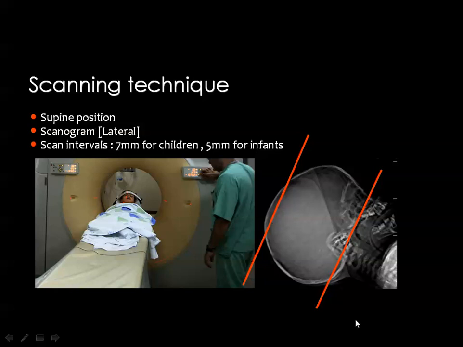And whenever you draw two lines for the machine on the scanogram, the machine will ask about the scan interval. What are the section leveling we would like to have? We usually have scan intervals at 7 millimeters for children and 5 millimeters for infants. But for adults, we usually scan at 10 millimeter scan interval.